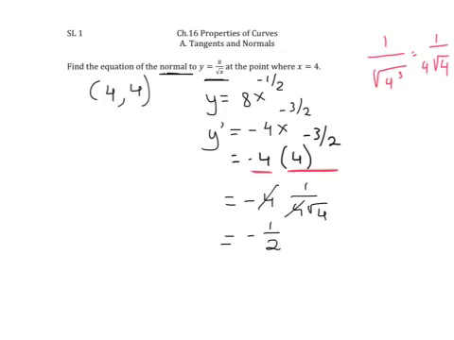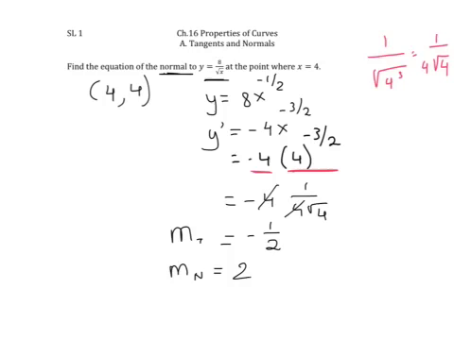So all that work just found us the slope of a tangent line, but we need the slope of a normal. So just take the negative reciprocal of that. The slope of the normal would just be 2.